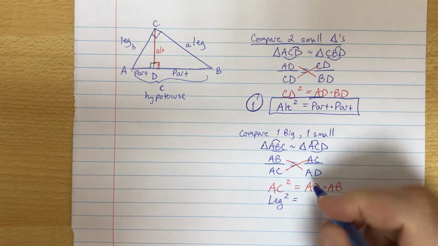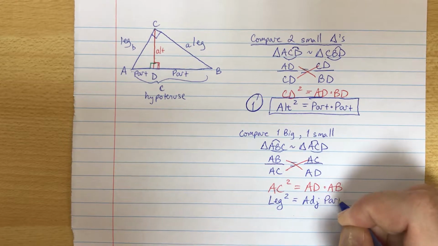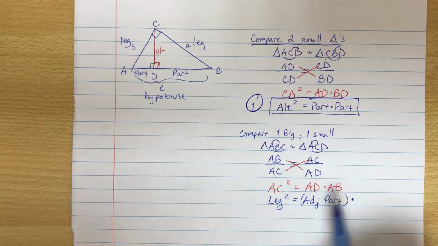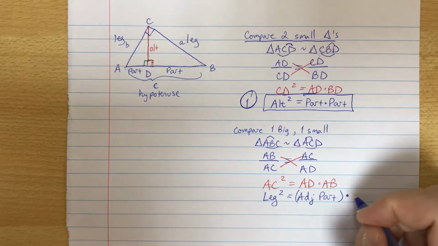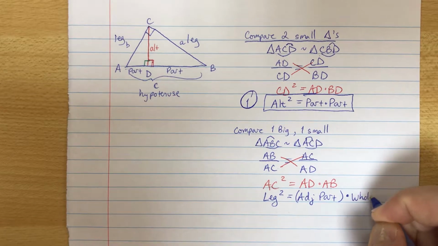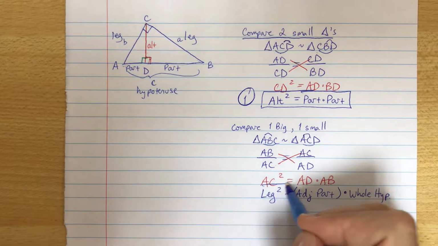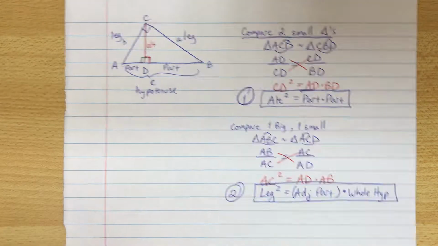That is the adjacent part. I'm going to write that ADJ part times AB. Well, AB is the whole hypotenuse. It's the adjacent part times the whole hypotenuse.